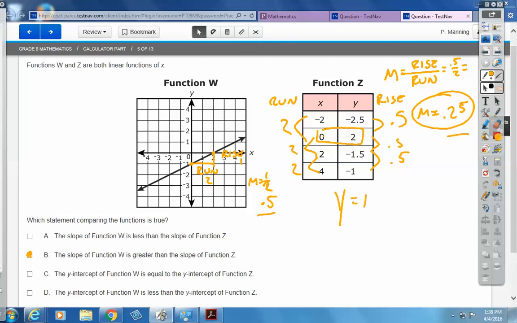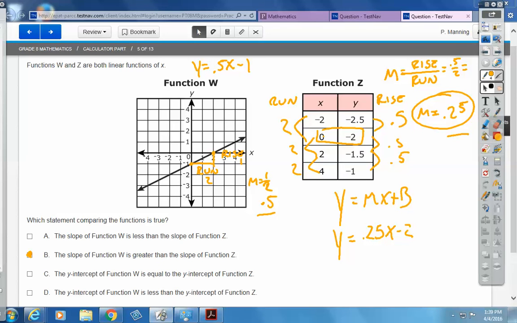We know y is equal to mx plus b, so for z, y equals 0.25x minus 2. And the equation for this graph is going to be y equals 0.5x minus 1. So the y-intercept of function w is equal, no, it's not equal. The y-intercept of function w is less than, no, -1 is still bigger than -2.